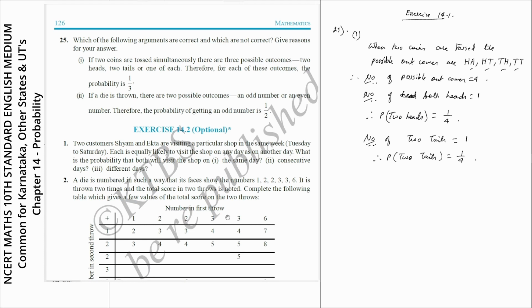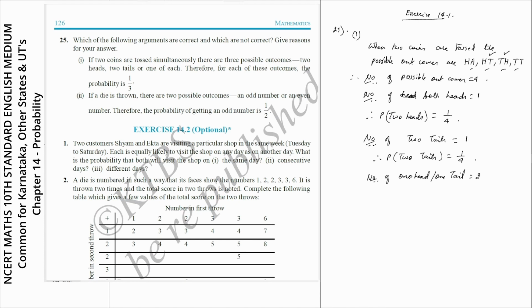And what is the probability that 1 tail will come or 1 head will come? So here, the number of outcomes with 1 head and 1 tail: you can see that there are 2 outcomes where there is 1 head and 1 tail.